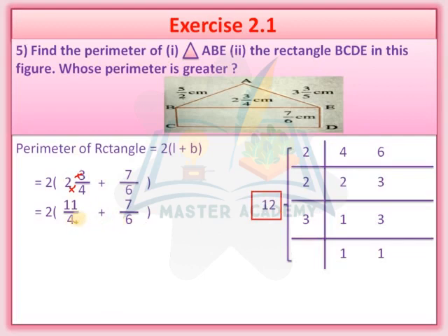Okay, so now tell me, 4 times 3 is 12, because we are going to make the same denominator, and here 6 times 2 is 12. Okay, so we will multiply both. Here also 3. So what is the answer? 11 times 3 is 33 upon 12, and plus 7 times 2 is 14 upon 12.